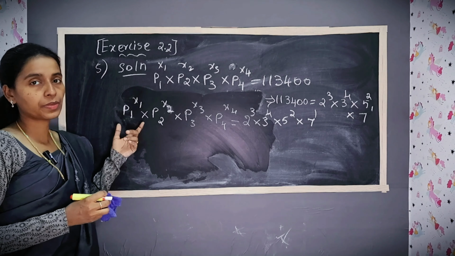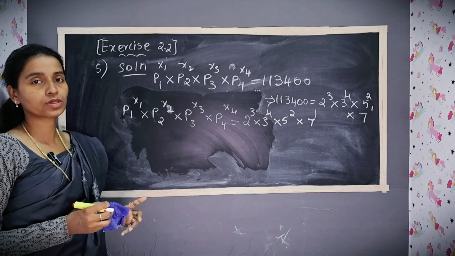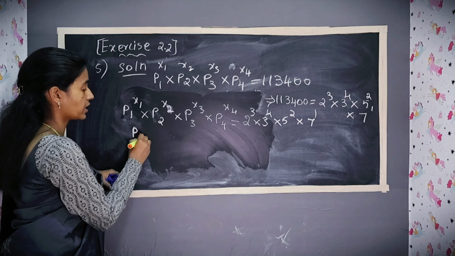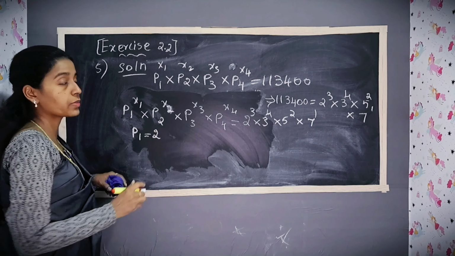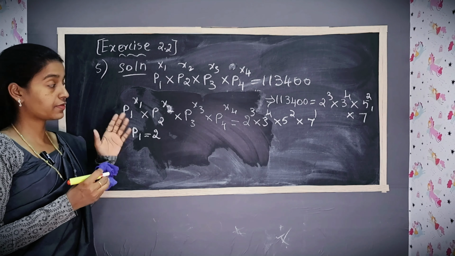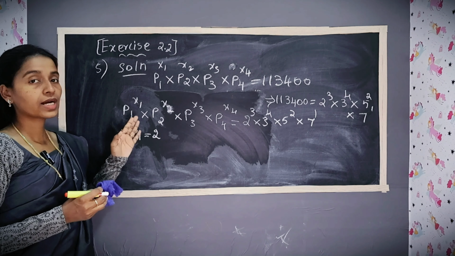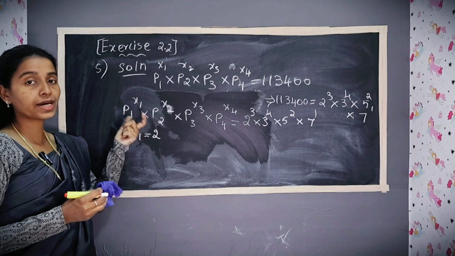We can compare both sides. In place of p1 we are having 2, right? So we can write p1 equals 2. Why? Because we have to find out the values of p and x. That is the question. So we are comparing both sides.